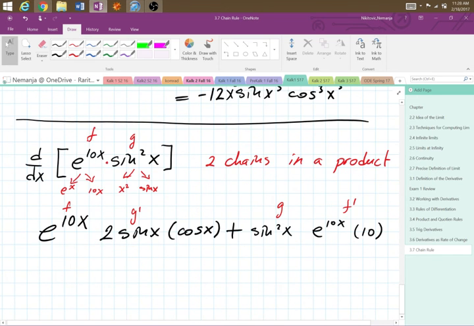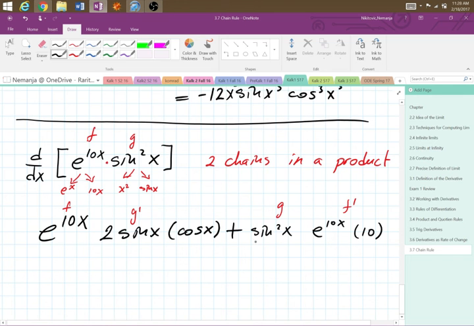Now remember how I told you, get used to factoring everything you can now, because later is just hell. We can go in two routes in this problem. You can either factor out 2 sine x, which is better, or you can keep 2 sine x cosine x as sine 2x.